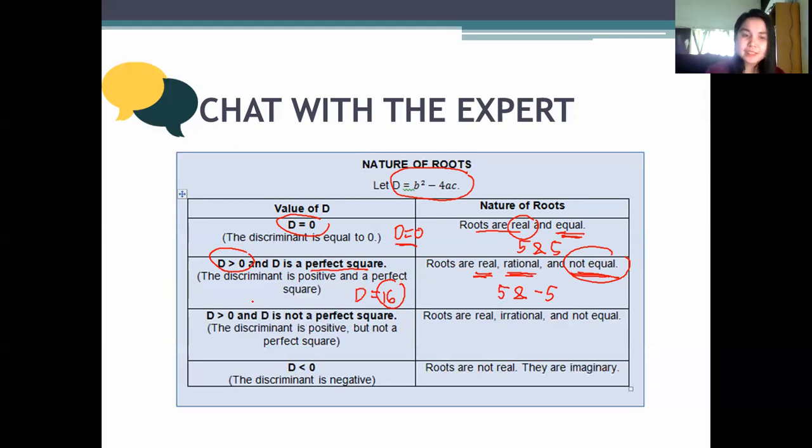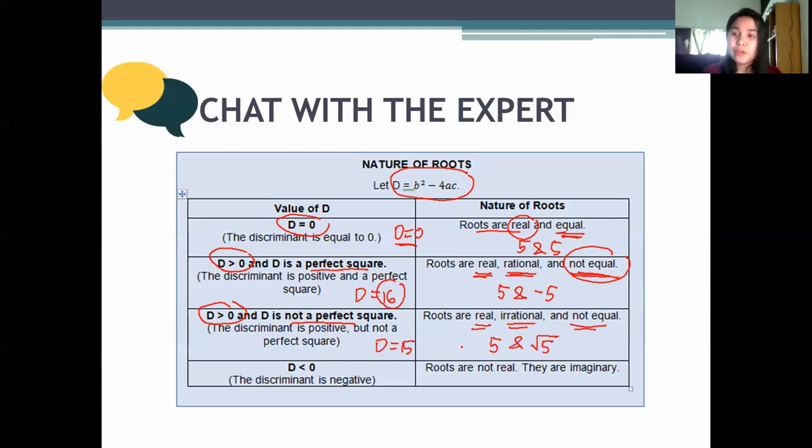The next, if the discriminant is positive, but it's not a perfect square, then our roots are real, irrational, and not equal. Example, if my discriminant is 15, so it means that roots are real, irrational, and not equal. Let me give you a pair of roots which are real, irrational, and not equal.